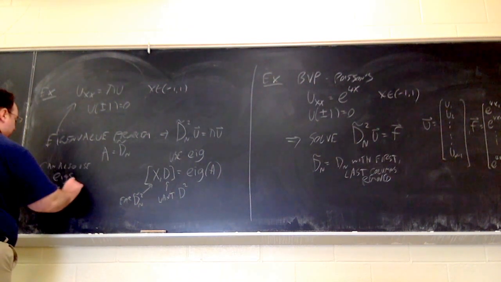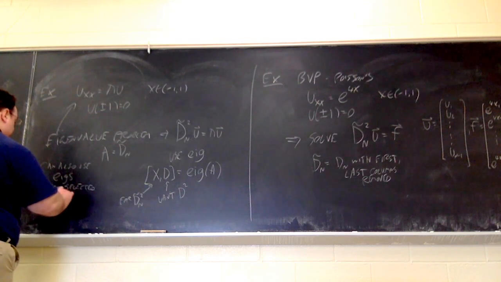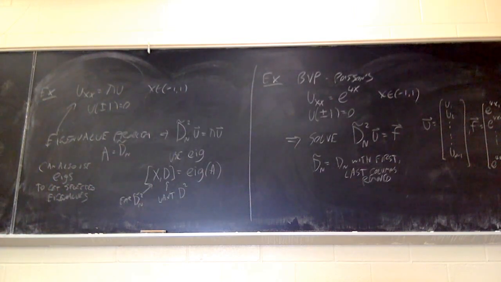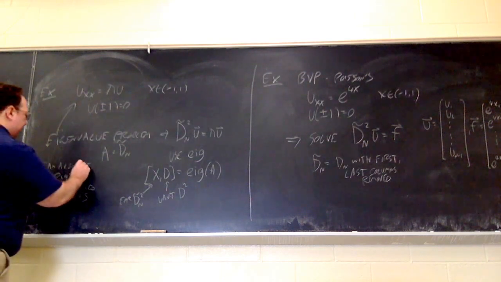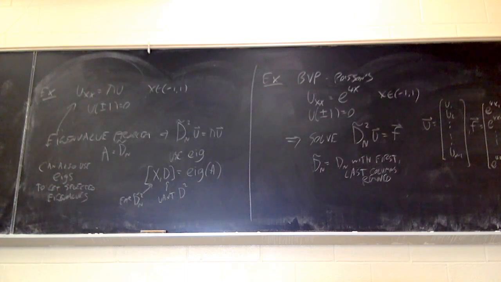is to get selected eigenvalues. For PDEs, you're normally interested in the smallest eigenvalues in absolute value. Why is that? Well, for example, suppose you're solving a time-dependent PDE, like u_t equals the heat equation, u_t equals u_xx.